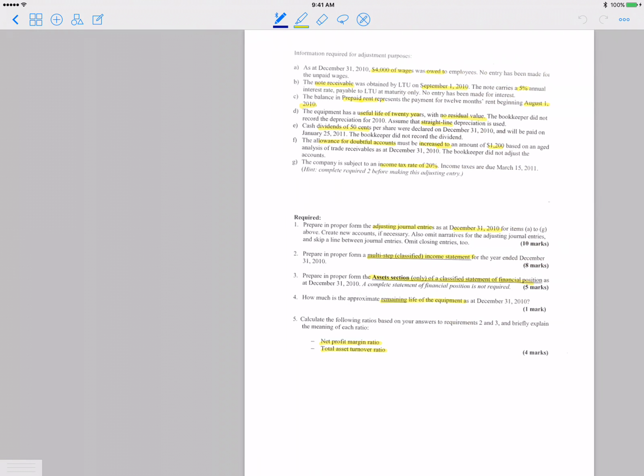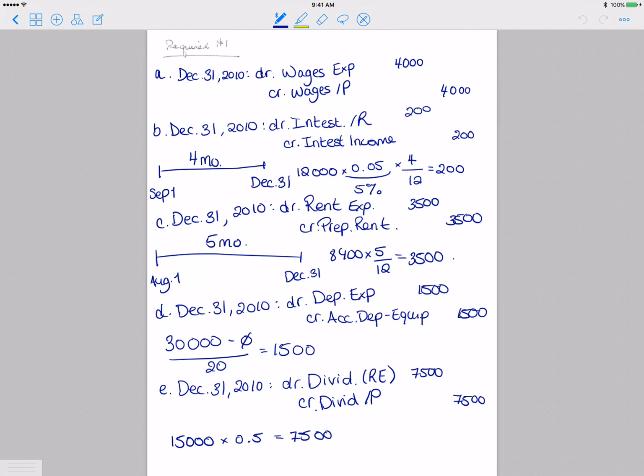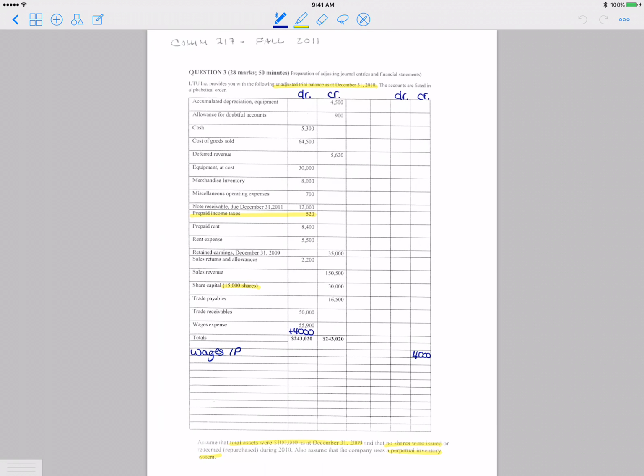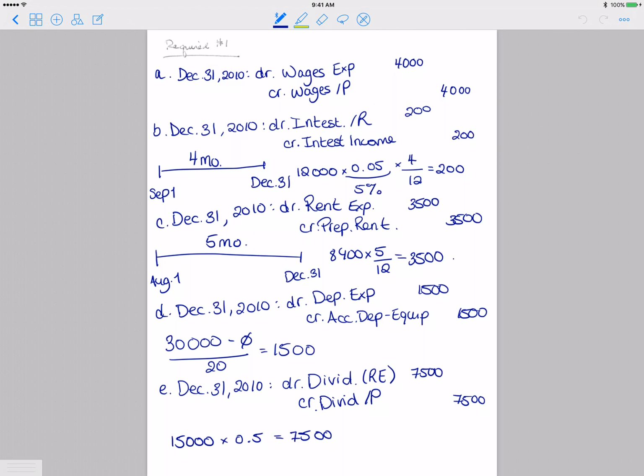Now, if we go into part B, we have interest receivables and interest income of $200. If we look through it, we do not have interest receivables or interest income. So let's create those two accounts: interest receivables and interest income.